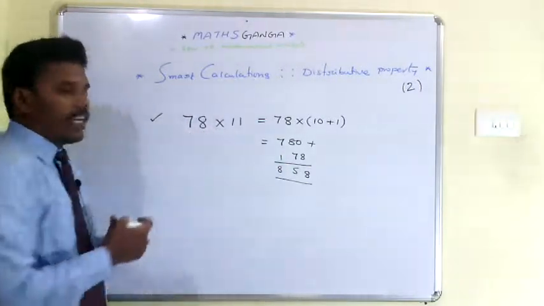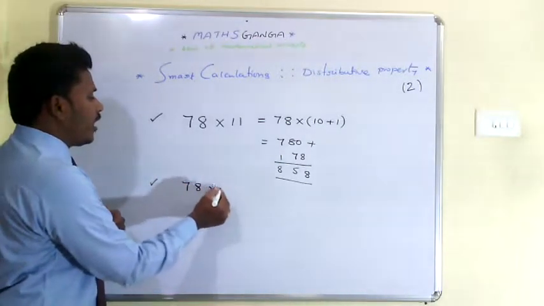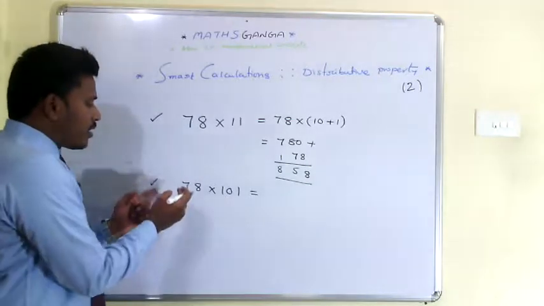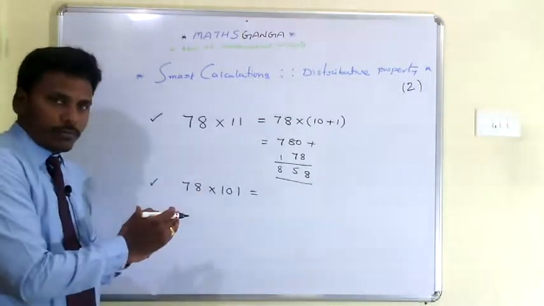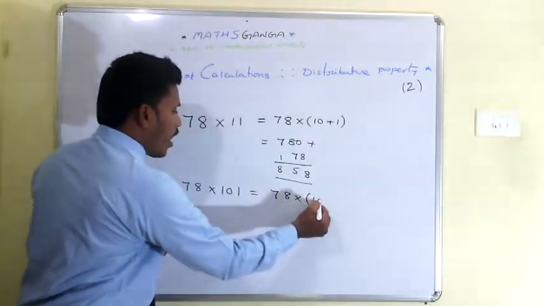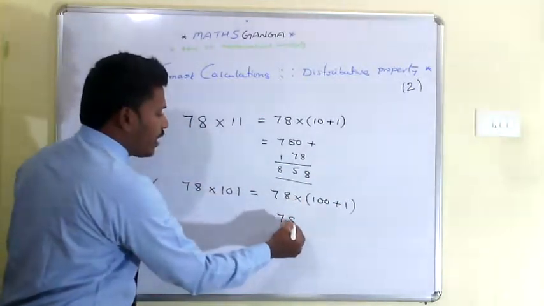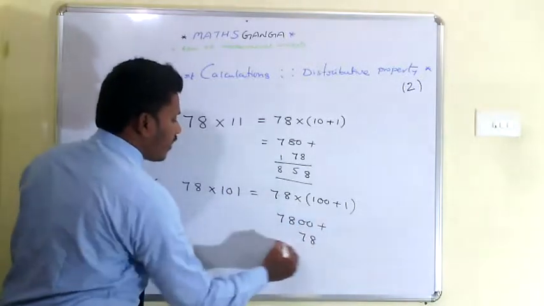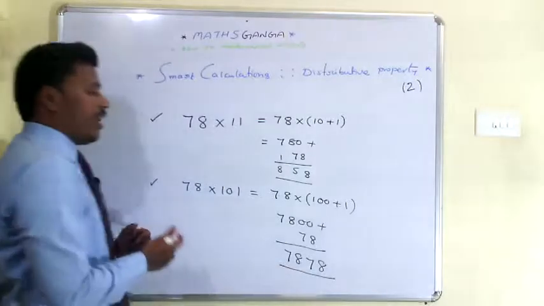So that is 78 into 11. Now suppose I have 78 into 101, then what will happen? This can be written as 78 into 100 plus 1. 78 into 100 is 7800 plus 78 into 1 is 78, and the result is 7878.